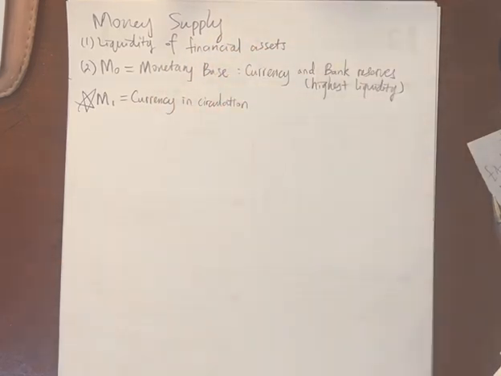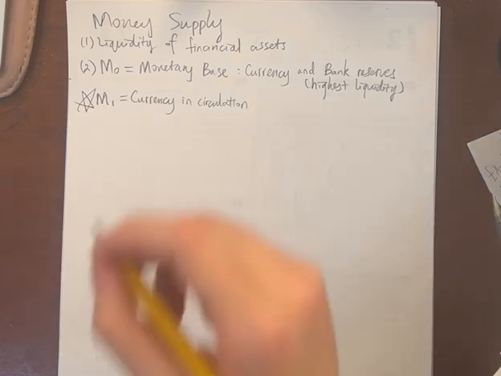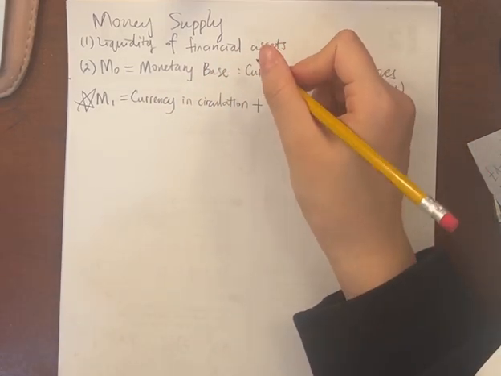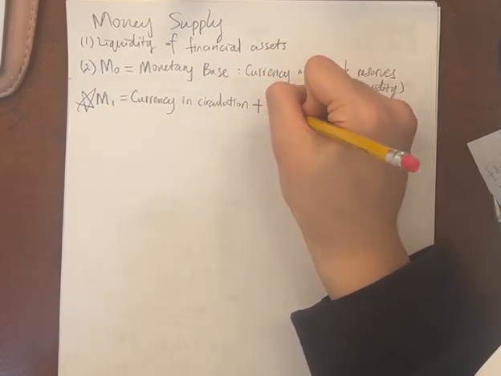Remember in the previous videos we talked about the circular flow model; the money in that model is M1. So really remember that. And also the checkable deposits.